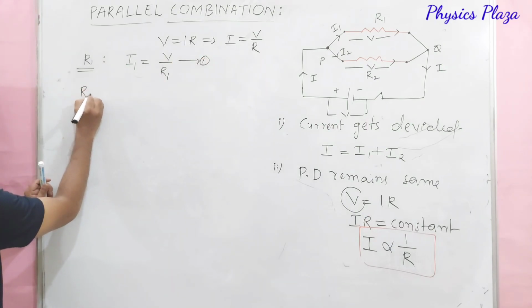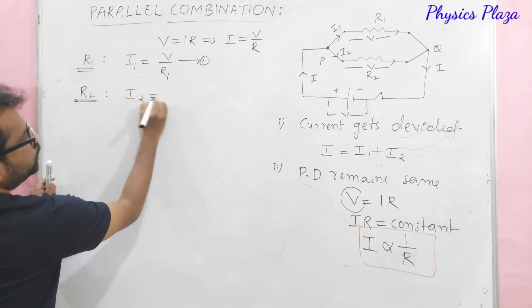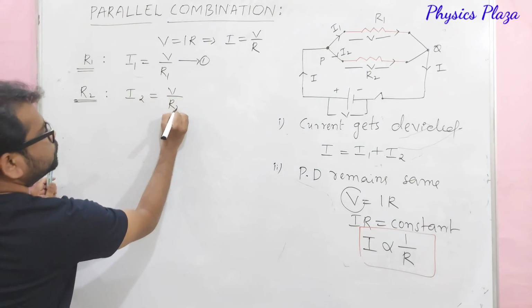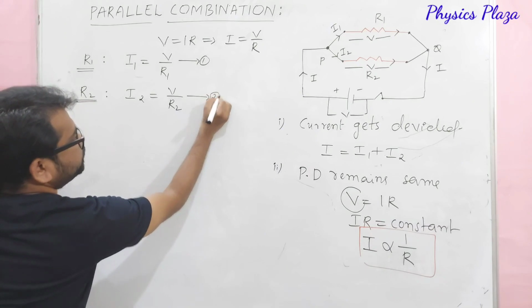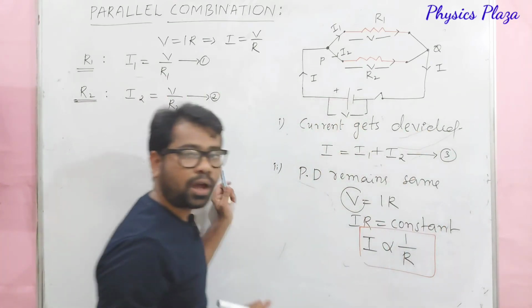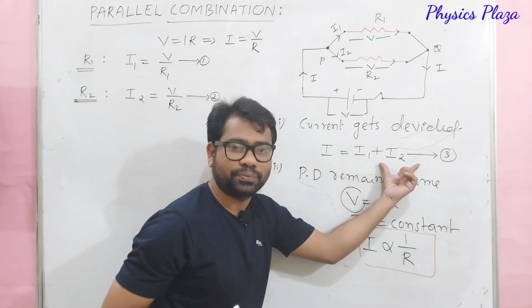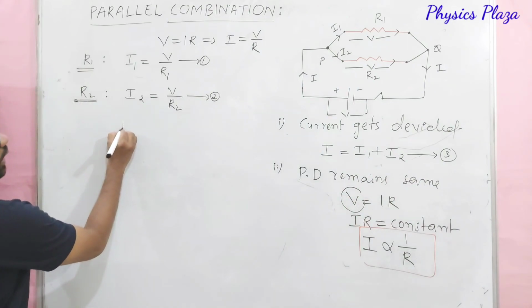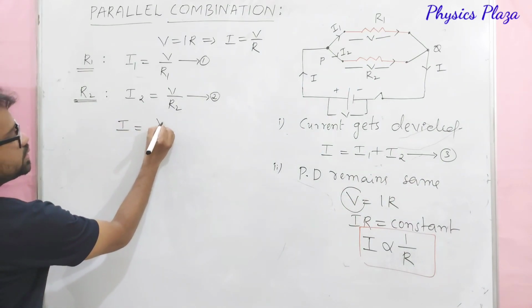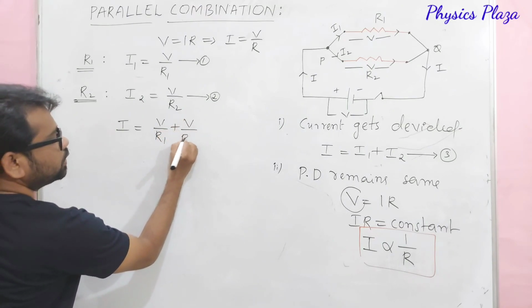Now for R2, what are we getting here? I2 is equal to V by R2, the second equation. Let I is equal to I1 plus I2 be the third equation, dear children. Now substitute the I1 and I2 values, that is equations 1 and 2, in the third equation. Then what do we get? I is equal to V by R1 plus V by R2.